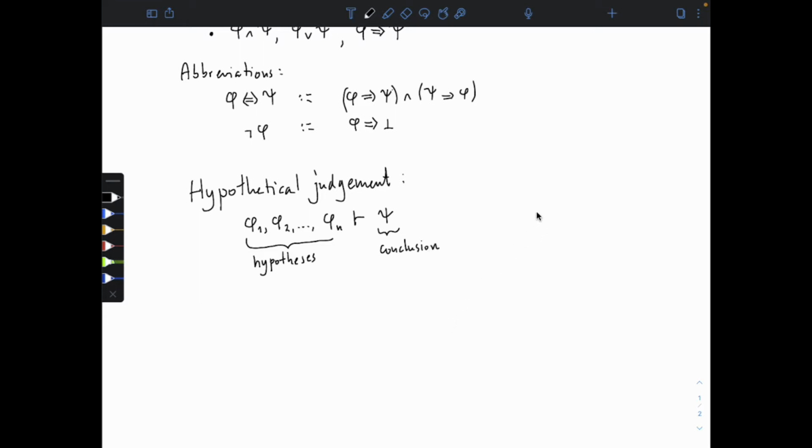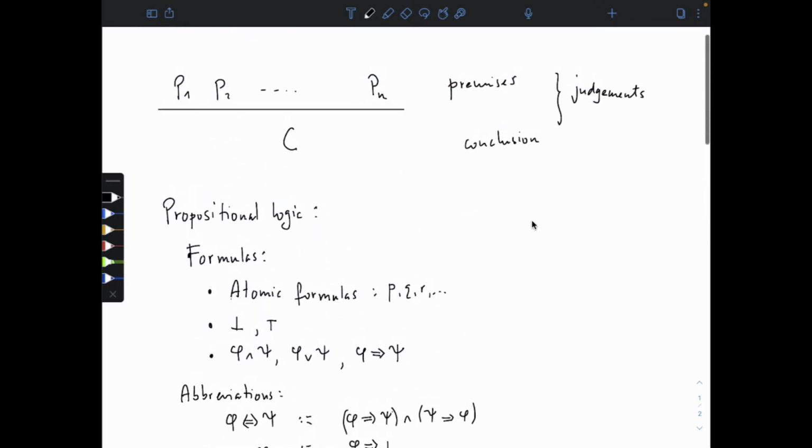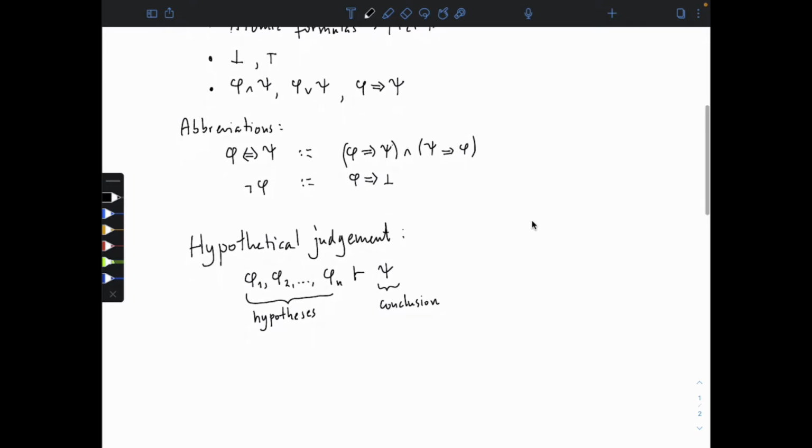And this looks quite similar to what I wrote up here, right? An inference rule also looks kind of like this, and you might be wondering, isn't this the same as saying that? And actually, why are we even bothering with this?